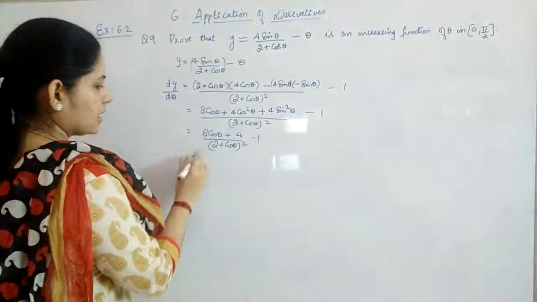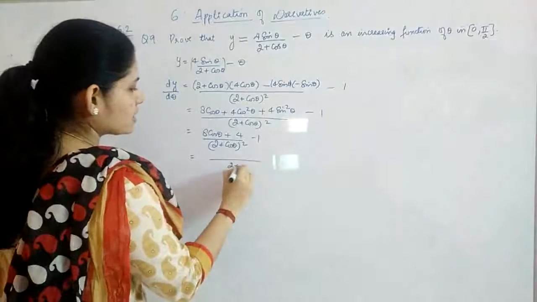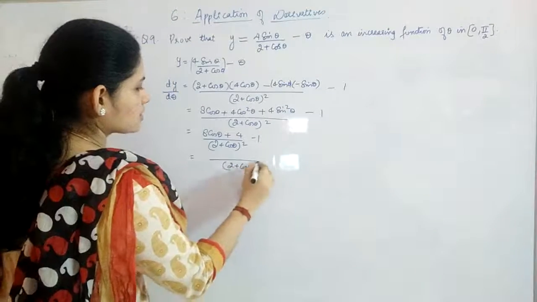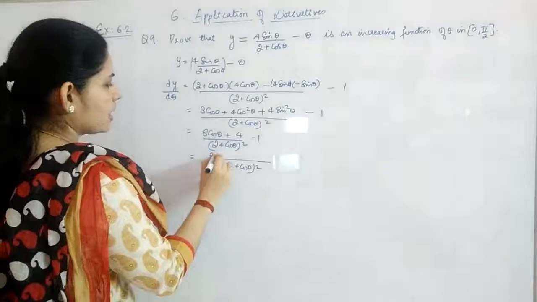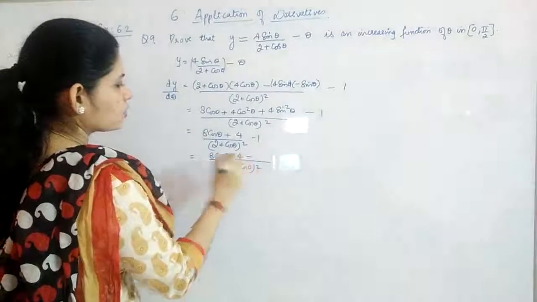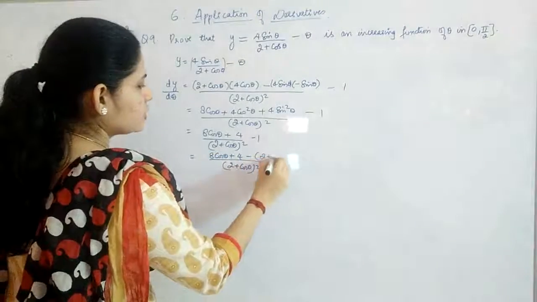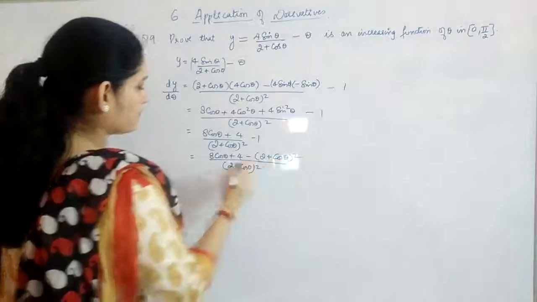Now again taking the LCM, we will get 2 plus cos theta the whole square as denominator, and the numerator will become 8 cos theta plus 4 minus of 2 plus cos theta the whole square.